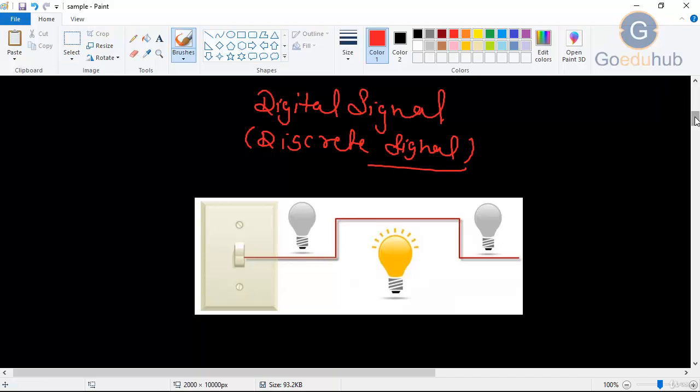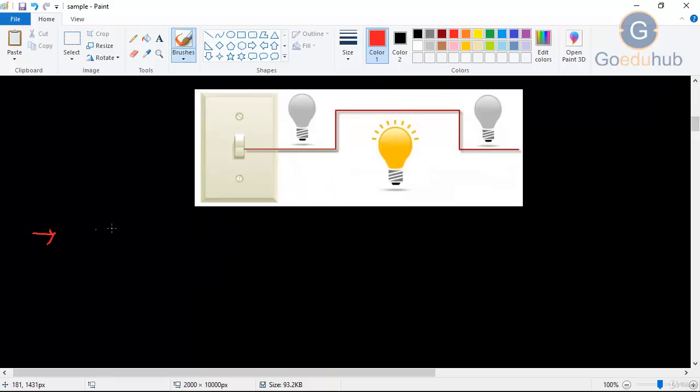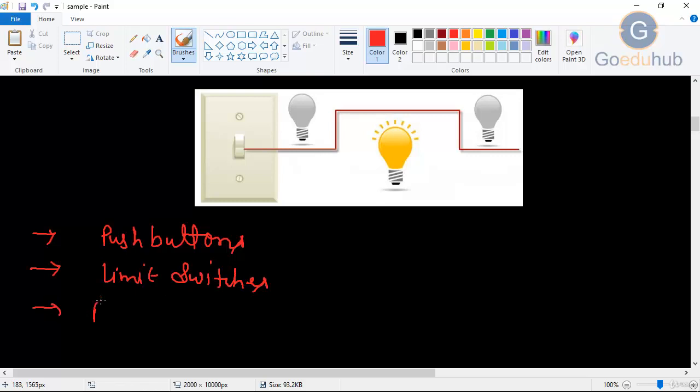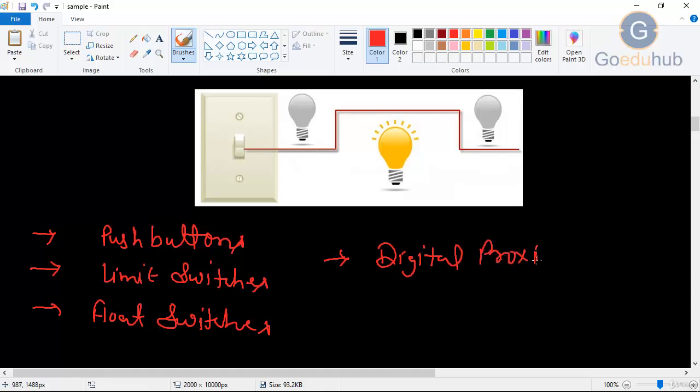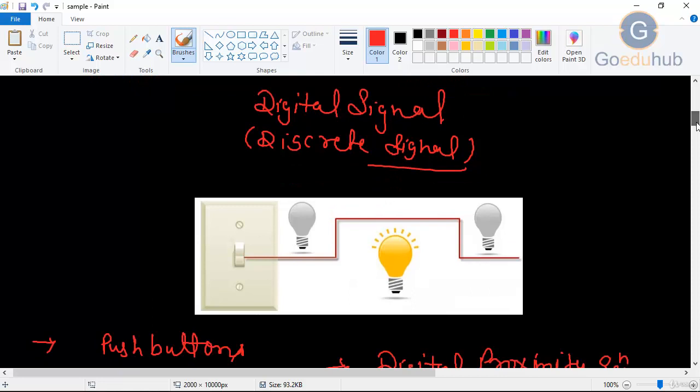I will write examples of digital signals: push buttons, limit switches, float switches, or digital proximity sensors. These are some examples of discrete input-output.